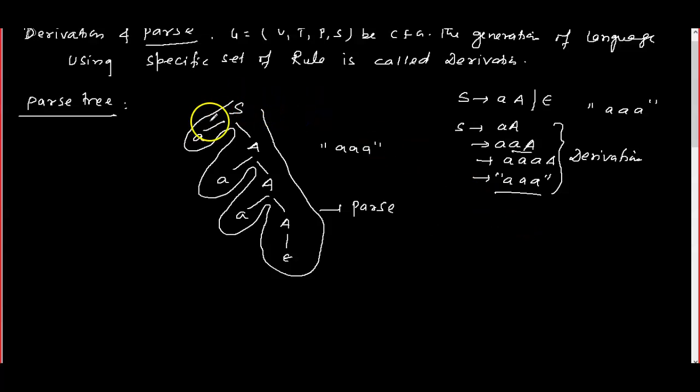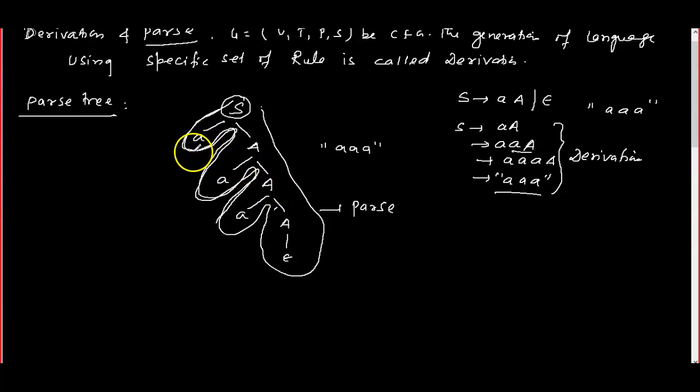And the properties of the parse tree: the root node is always a node indicating the start symbol. These derivations we have to read from left to right, without removing the pen. The leaf should always be terminal.